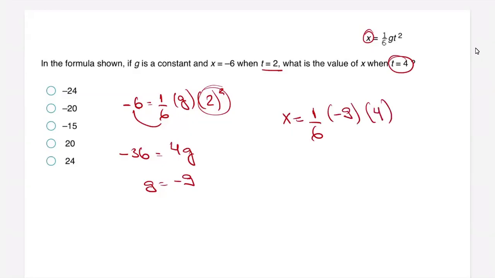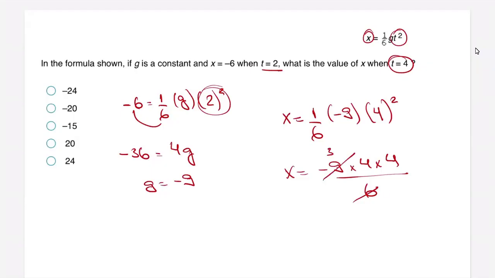And T is 4 now, the new value of X, according to T equal to 4, is squared. So X is equal to minus 9 times 4 divided by 6. Okay, divided by 3 and divided by 3.